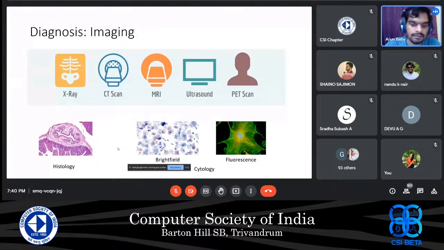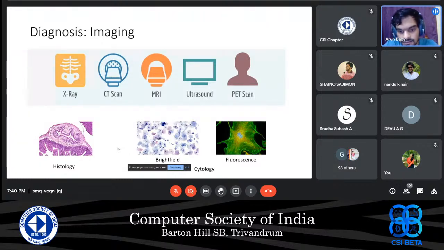Similar to that, we have cytology, which is the study of cells rather than tissues. In histology we can also see the cells, but they still maintain their structure, so it gives much more information about how it was when it was in the body.